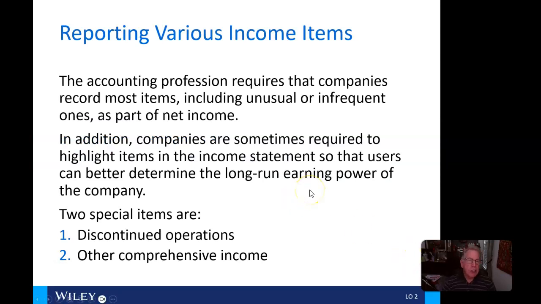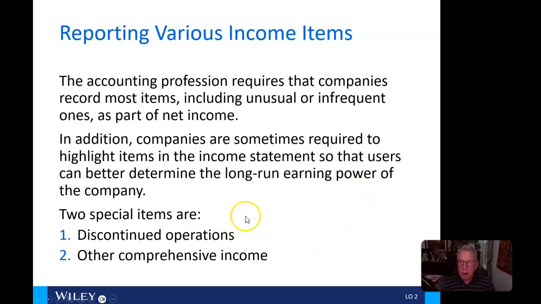The accounting profession requires that companies record most items, including unusual and infrequent ones, as part of net income. So sometimes companies are required to highlight items in the income statement so that users can better determine the long run earning power of the company.